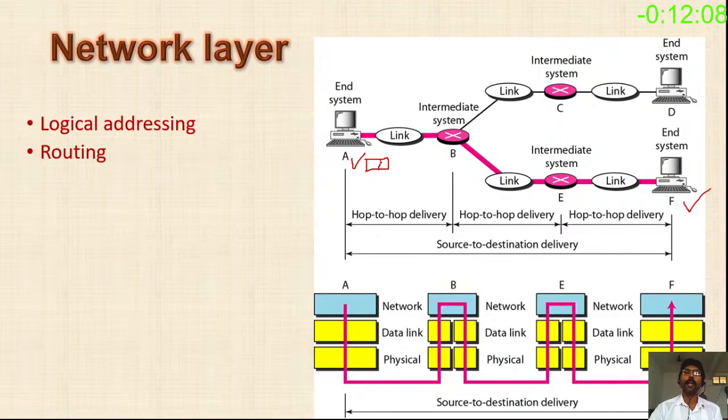So it will add the address of B, so the data is given to B. Now the same packet has to be delivered to E. So this node converts the destination address from B to E. Means the data frame is changed here. The header of the data frame is changed here. Now the header contains E instead of B. Now it is delivered to E here. Again, here the data frame is changed and the destination address is changed to F.